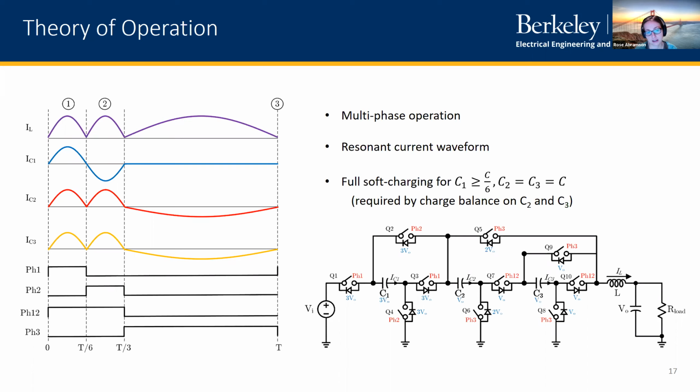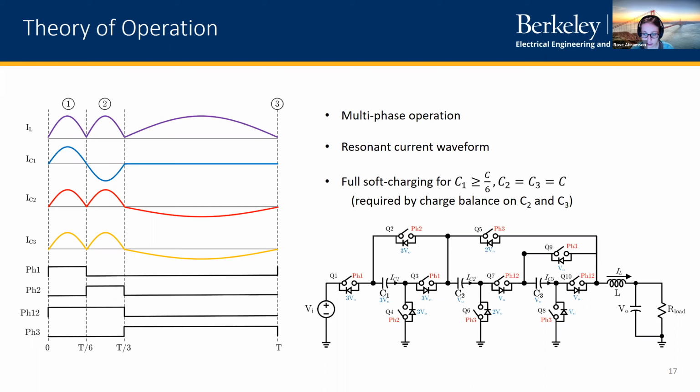If you do the calculation required by charge balance in C2 and C3, the amount of charge that they gain during the first and second phases in series mode operation when they're charging has to be equal to the amount of charge that they lose during the last parallel mode phase. Then you can come up with the limit that in order to achieve full soft charging, C1 has to be at least greater than C over 6, where C2 and C3 are equal to C. C2 and C3 have to have the same capacitance because they're operating in this parallel mode.